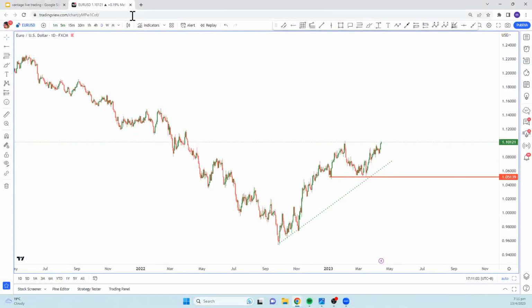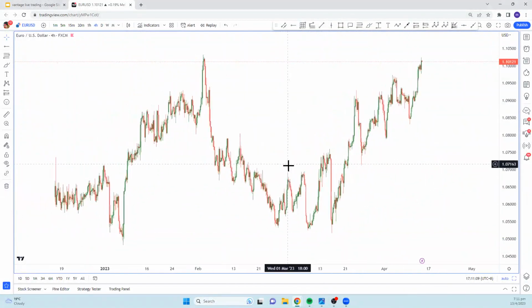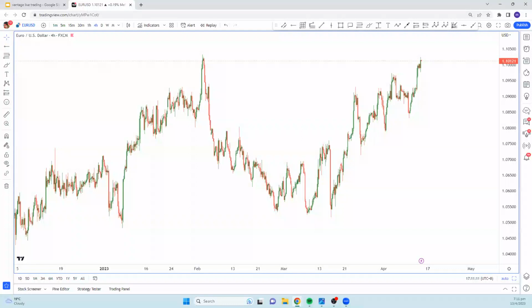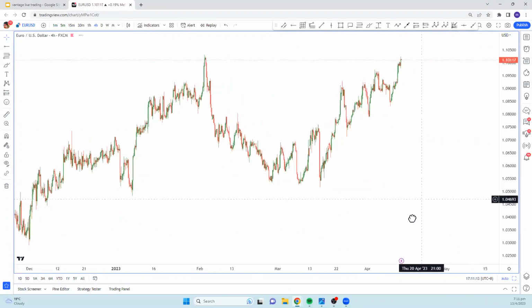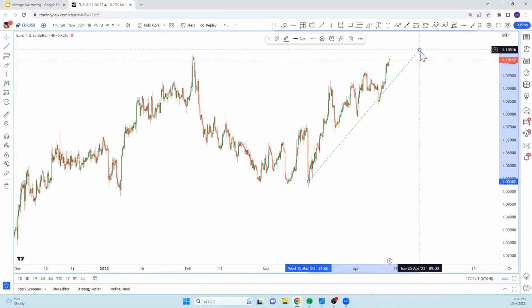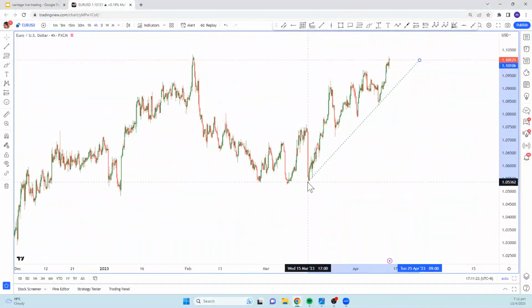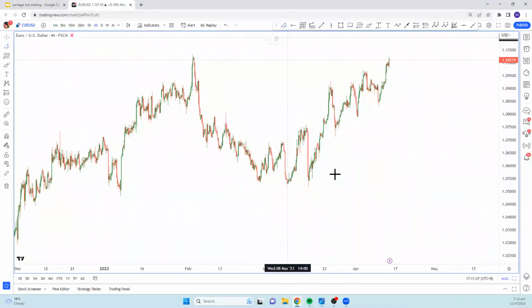Now let's move on to our 4-hour time frame. On our 4-hour time frame, we have the same trend line. Oh, well, actually, let's see if we have a trend channel instead.